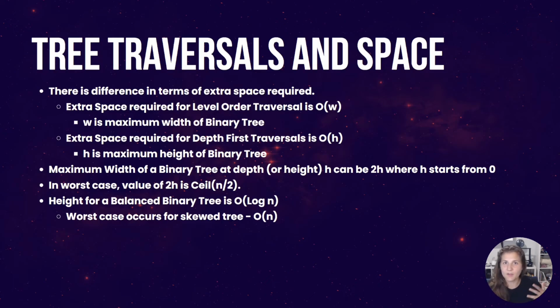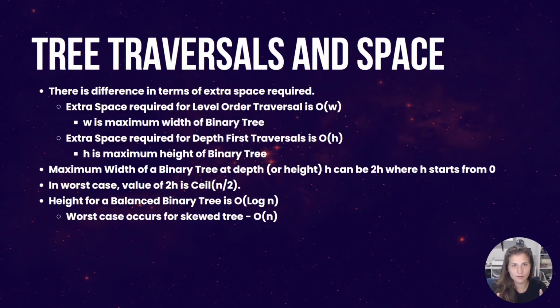So let's talk now about the height of a balanced binary tree. The balanced binary tree, as we learned earlier, can be log n. But the worst case for the height of our tree can be a skewed tree, where our tree is really just essentially a linked list. In that case, the worst case of our depth first traversals is O(n).